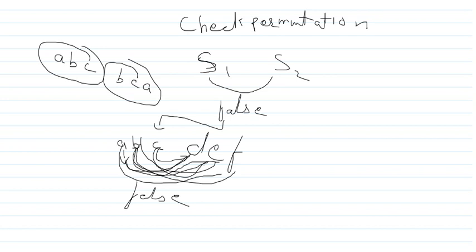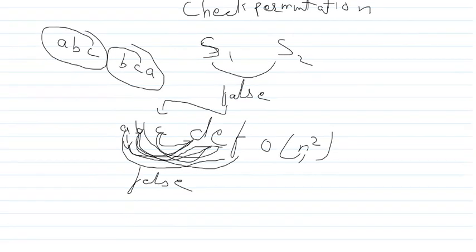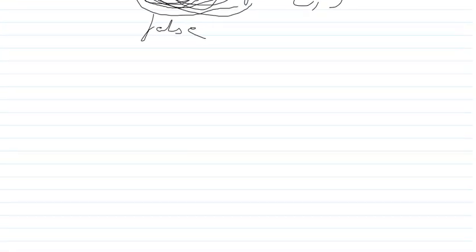So the time complexity of the brute force approach is O of n square, where n is the length of the string. The second approach is where we sort the two strings S1 and S2.